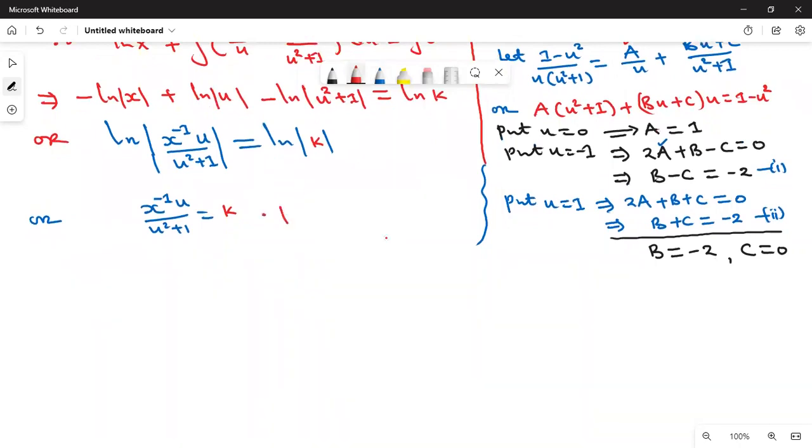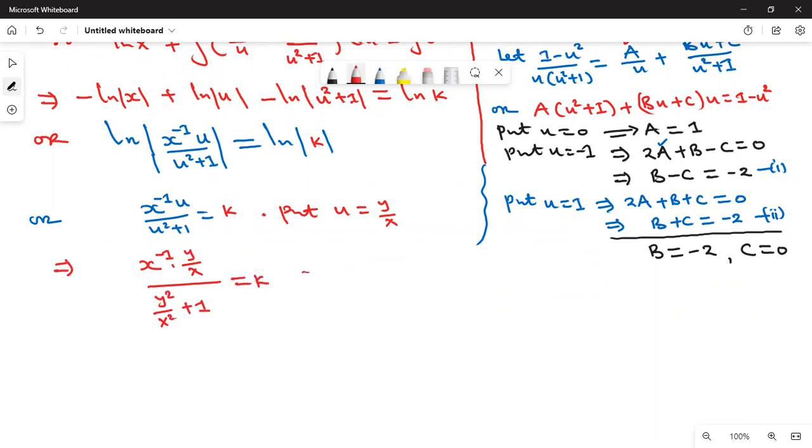Where we have u should be y over x. So this means that x raised to negative 1 times y over x over y squared over x squared plus 1 is equal to k.